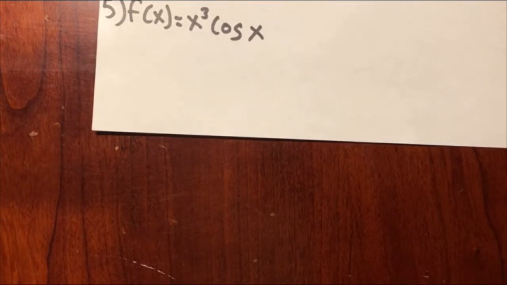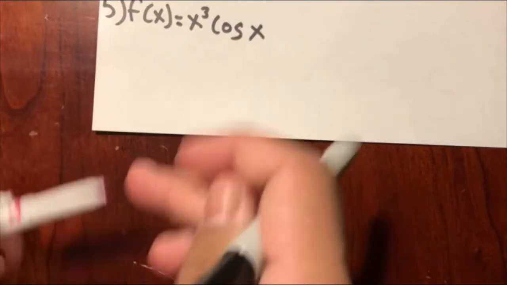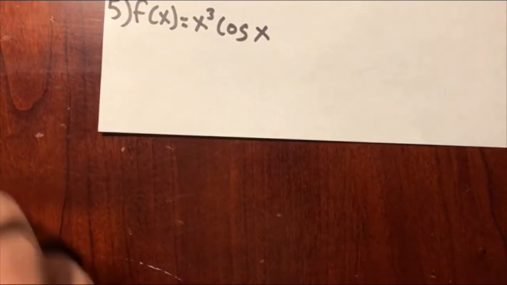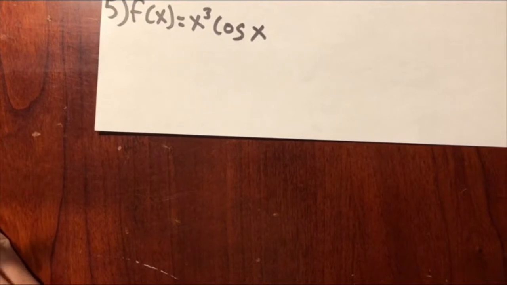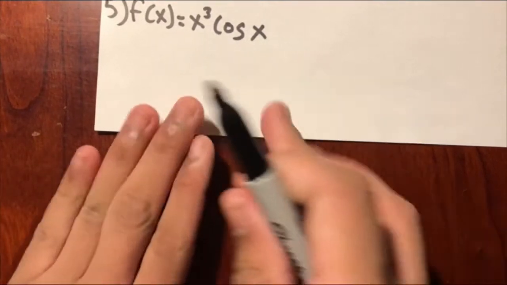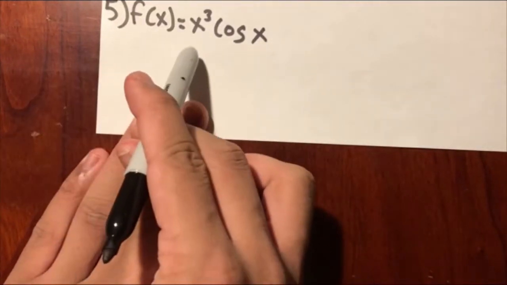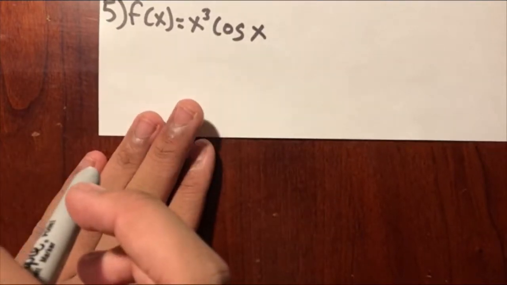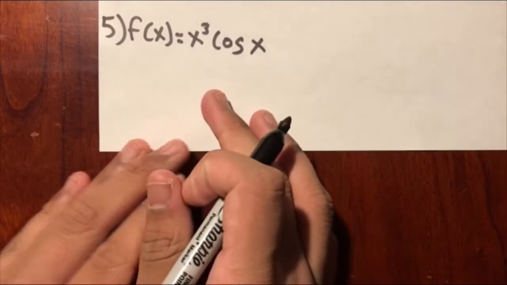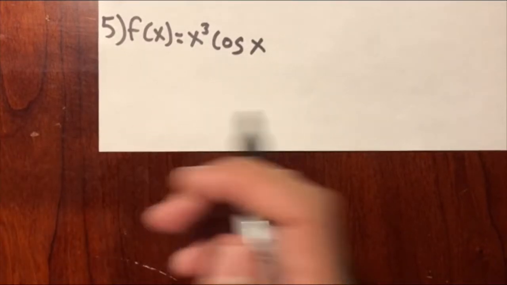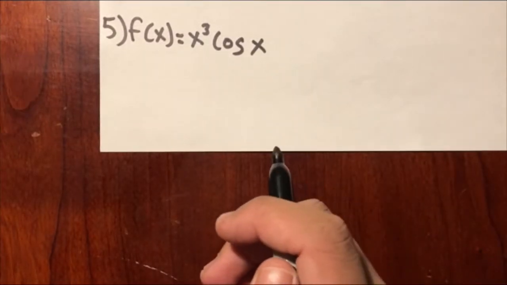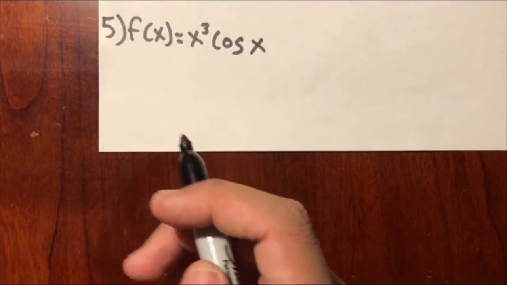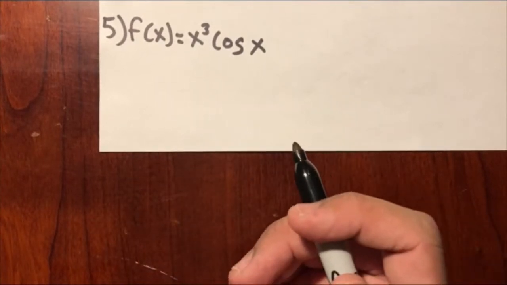Alright, so basically, with any trig functions, you want to set up your functions, alright? So I'm looking at it, I have x cubed times cos x, alright? Some might get confused, like is it x cubed cos times x, or is it x cubed times cos x?